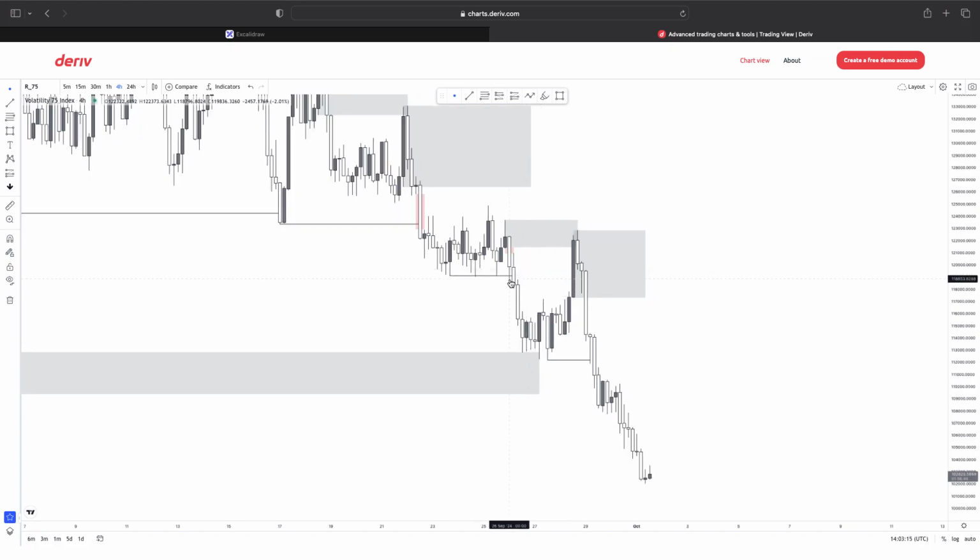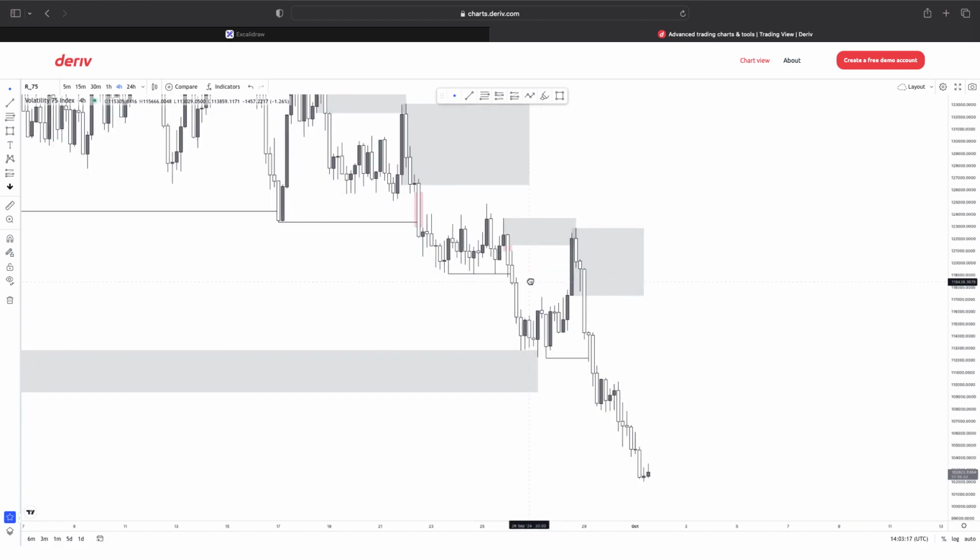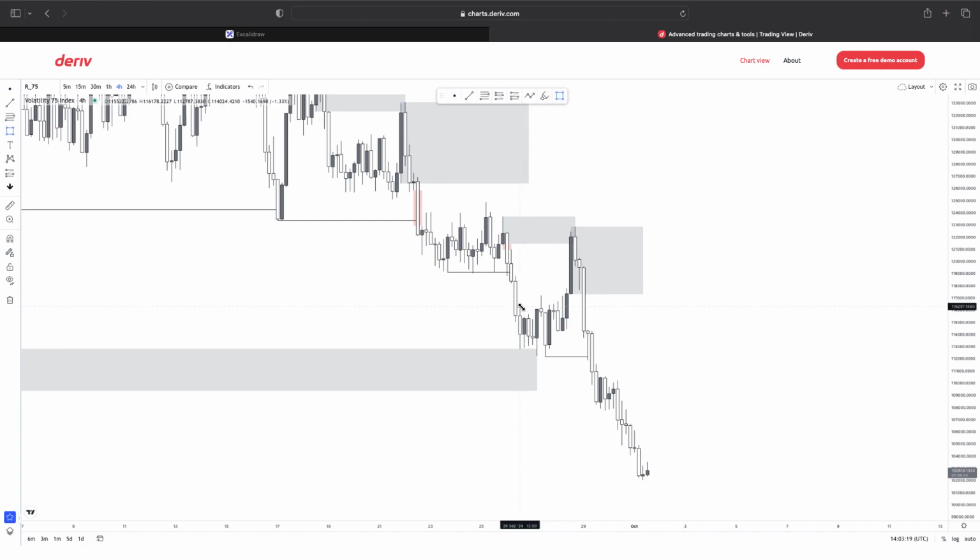And even around this area here, price is balanced, but down here we do have some imbalance again, which will give price more reason to eventually create that pullback. As you can see, price eventually created that pullback, and we tapped into that bearish order block, and then we eventually got a reaction to the downside.